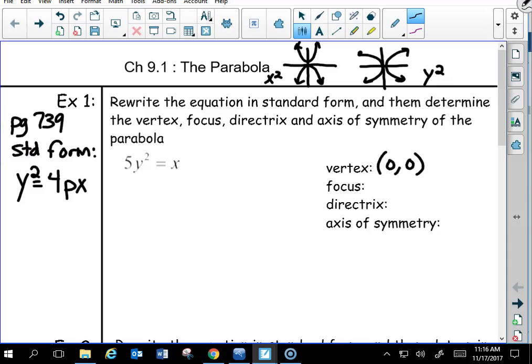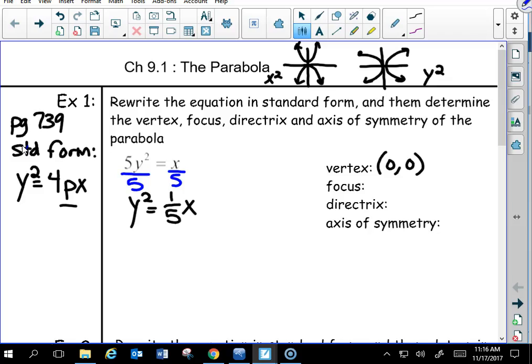Okay, I'm going to solve for y squared on this one, dividing by 5, and we get y squared is equal to 1/5 x. You definitely want to separate that, because remember, we've got this number p, and it is used in a lot of what we do.